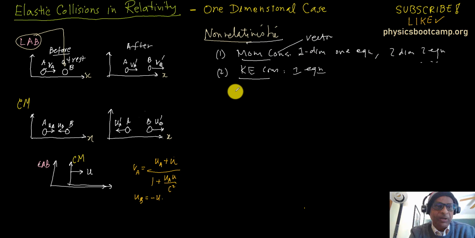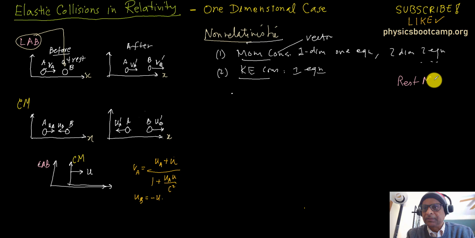So when I do it along the x-axis, I'm going to use rest mass notation. If I say ma, this is the same as m of particle A, which is the rest mass. I'm not going to add the extra zero; it's too much.